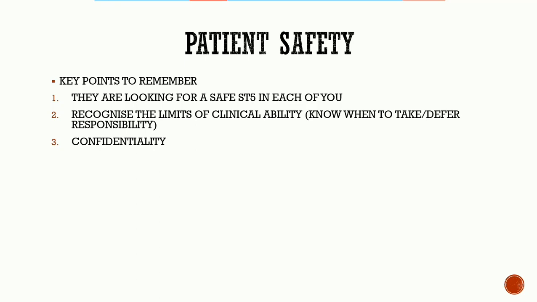However, if you think that the patient's life is at risk, then you need to involve the safeguarding services and your consultant. Okay, so these are the few cases where if you think that the life is at stake or the safety of the patient is at stake, you may have to breach confidentiality.